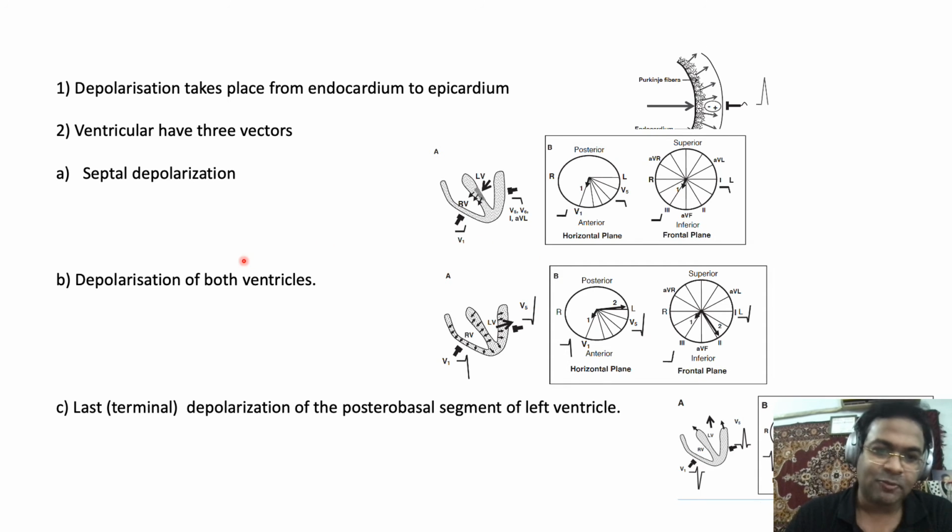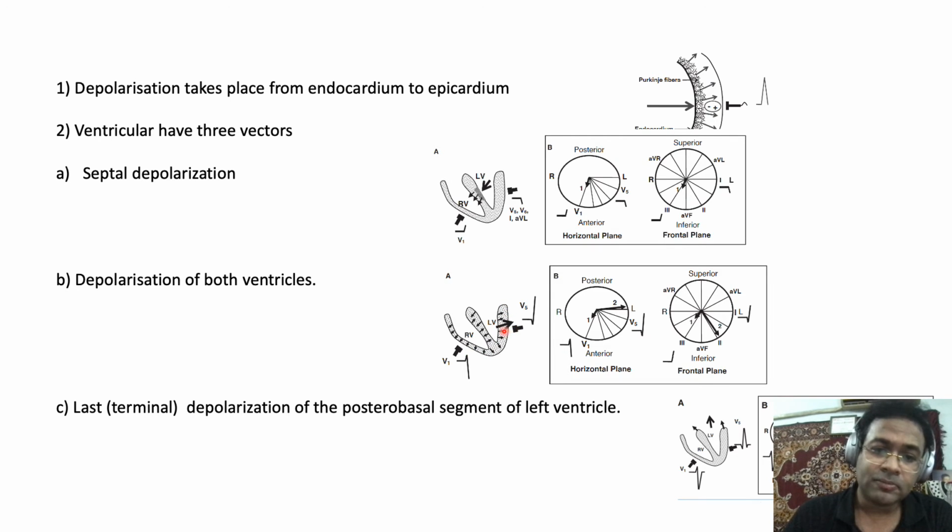The second depolarization, once the septum is depolarized, is that the bulk of the right ventricle and left ventricle must be depolarized. So both get depolarized, but which has got more muscle mass? Left ventricle has got more muscle mass. The right ventricle is paper thin, 1 or 2 millimeters, and the left ventricle is 8 to 9 millimeters thicker.